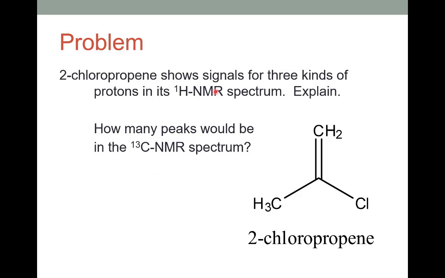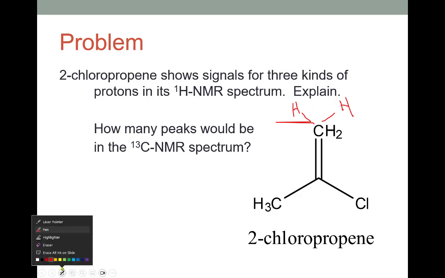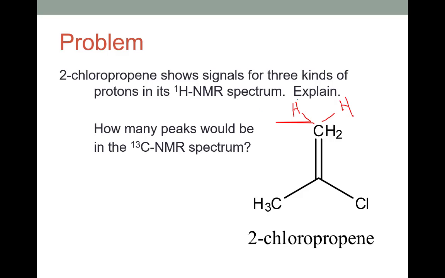In the proton NMR spectrum, this depends a little bit on how strong my instrument is from a practical standpoint. Theoretically, what I've got here are 2 hydrogens, my CH2 group looks like this, 2 hydrogens. Technically what I have here are 2 different environments.